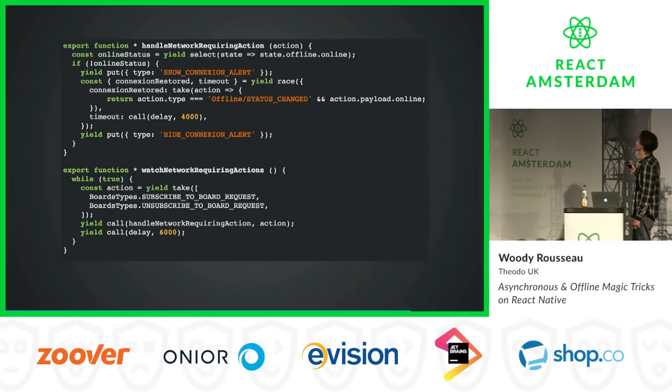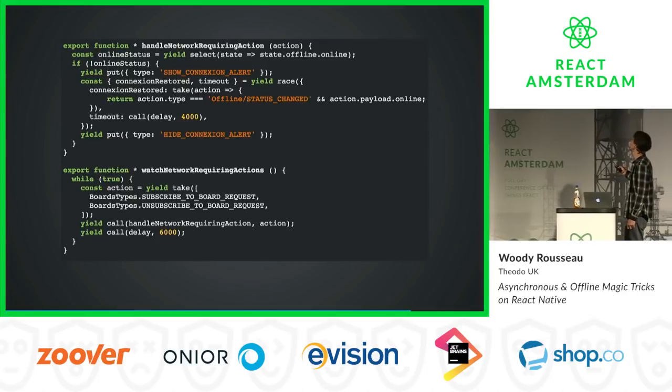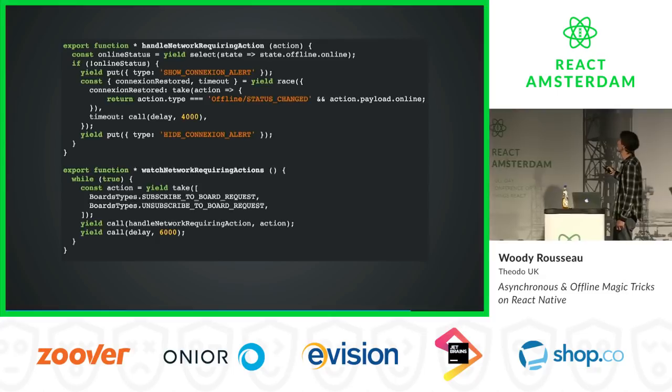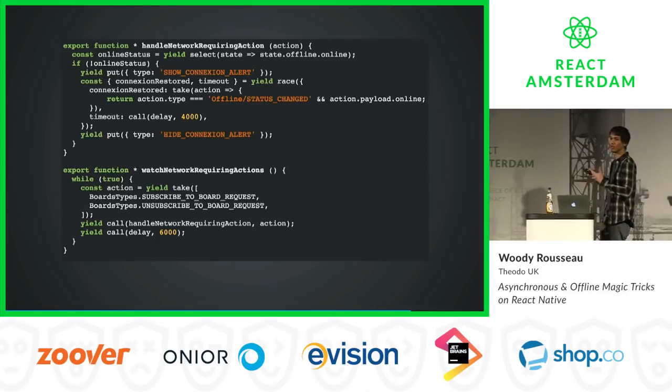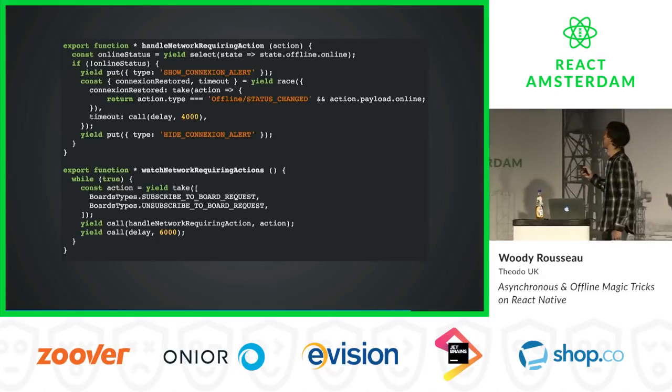So with Redux Saga, I can just yield take, which basically means that I will go to this line only when one of these actions has been received. So if I get a subscribe, the code is going to go there. And if I get an unsubscribe, the code is also going to go there. And it's all in a while loop, so you know that it's going to be running in your whole app lifecycle.